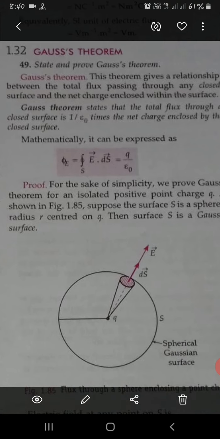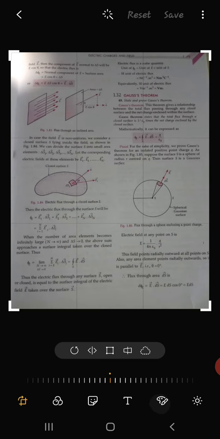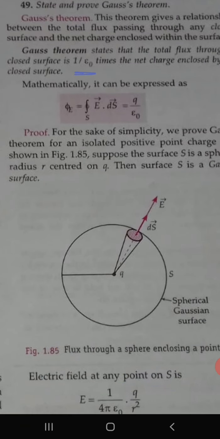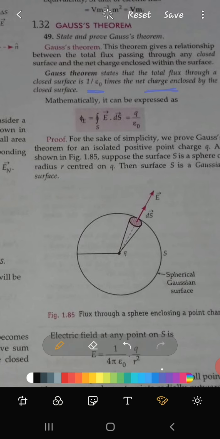The total electric flux passing through any closed surface is always equal to 1 upon epsilon naught times the total charge enclosed in the closed surface. So we can write phi E is equal to line integral of E ds is equal to 1 upon epsilon naught times the total charge, that is q upon epsilon naught.